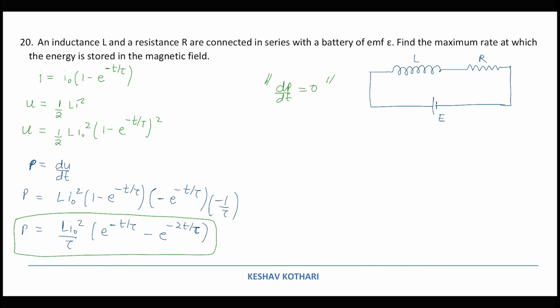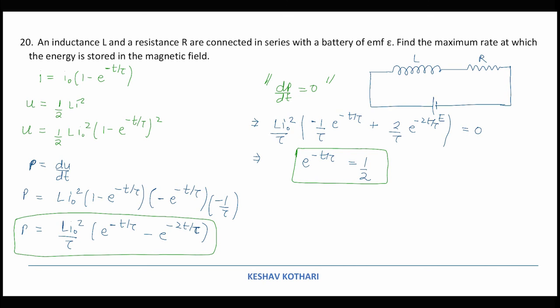On differentiating the expression of P which we have obtained, we get L I naught square by tau (minus 1 by tau e to the power minus t by tau plus 2 by tau e to the power minus 2t by tau), and we are equating this to 0. On equating this to 0, we obtain e to the power minus t by tau is equal to half, or t is equal to tau ln 2.